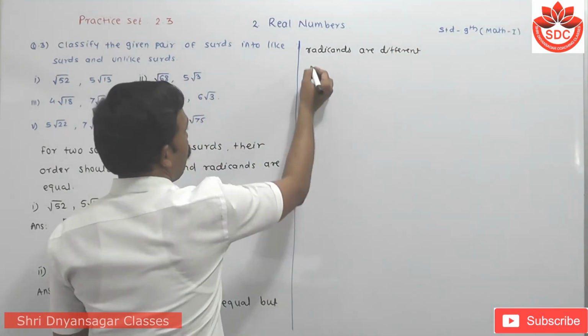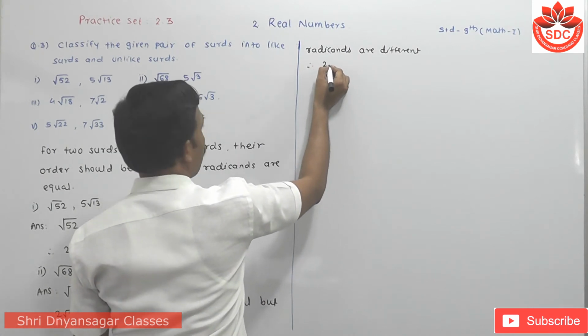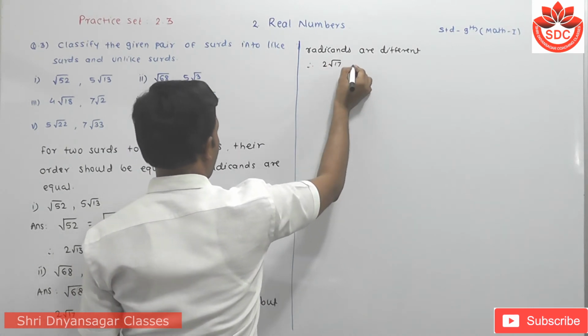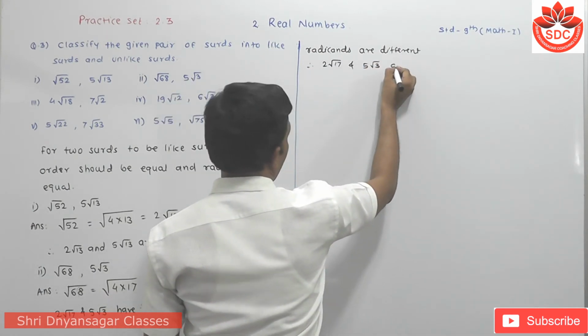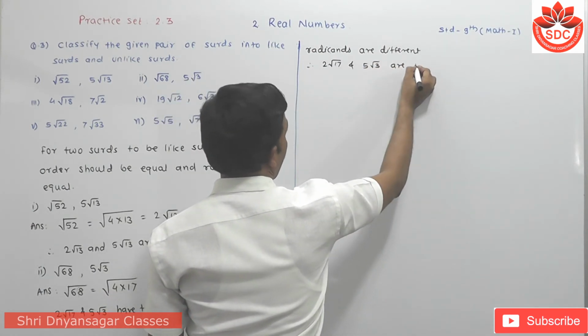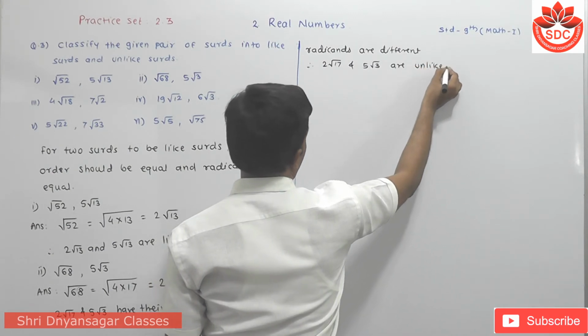Therefore 2 root of 17 and 5 root of 3 are unlike surds.